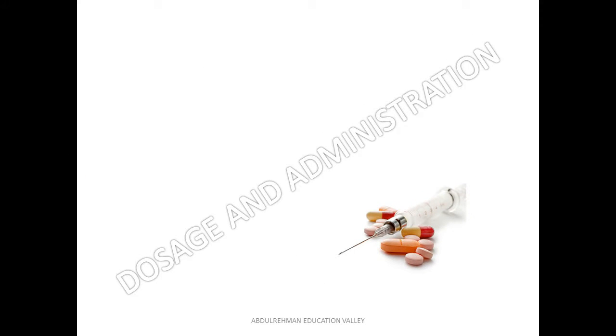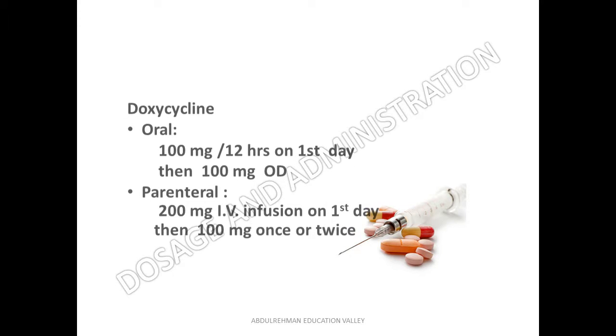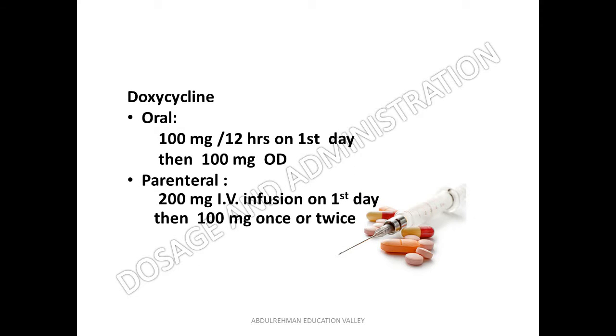Doxycycline dosage for adults is 100 mg every 12 hours on the first day, then 100 mg once a day. In children, 4 to 5 mg per kg per day on the first day, then 2 to 2.5 mg per kg once a day.